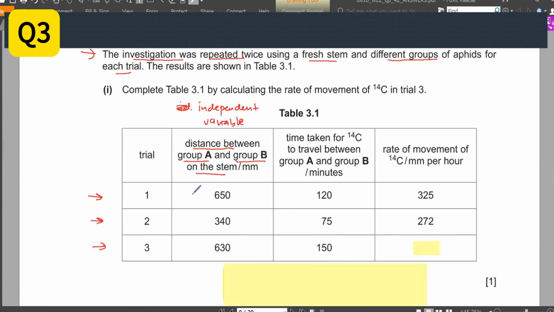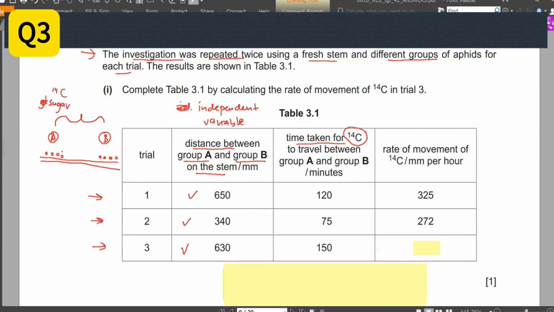So, different distances between group A and group B. This is the stem here. We have group A of the aphids and group B of the aphids over different distances, 650, 340, 630, and so on. Then we can see the time taken for the carbon-14, essentially the sugar that contains the carbon-14.